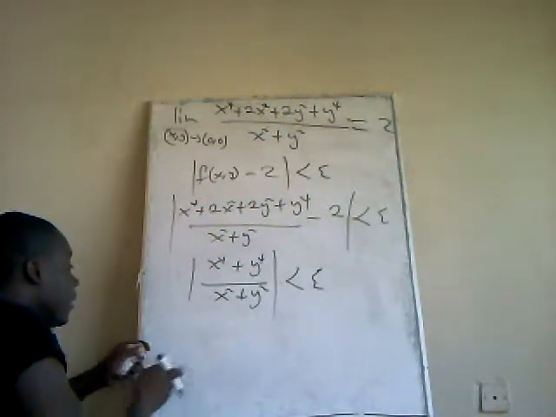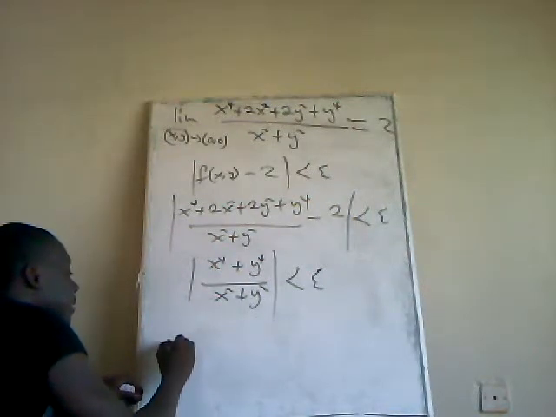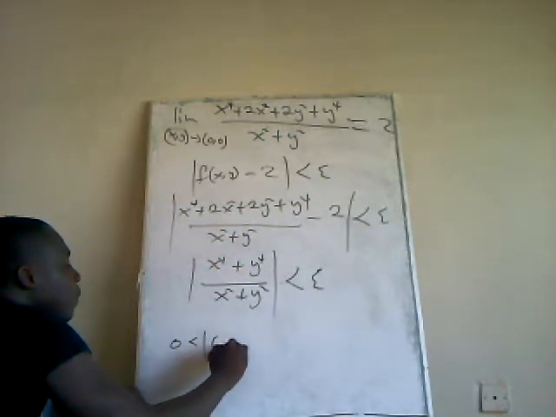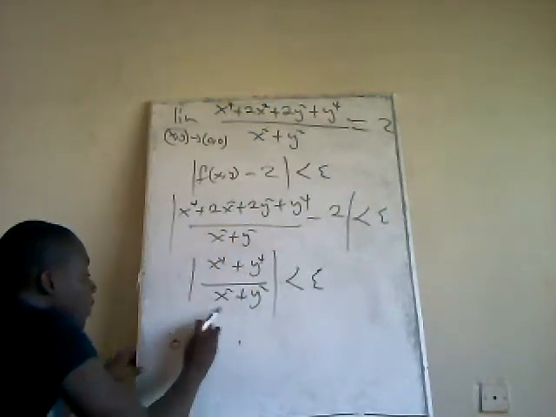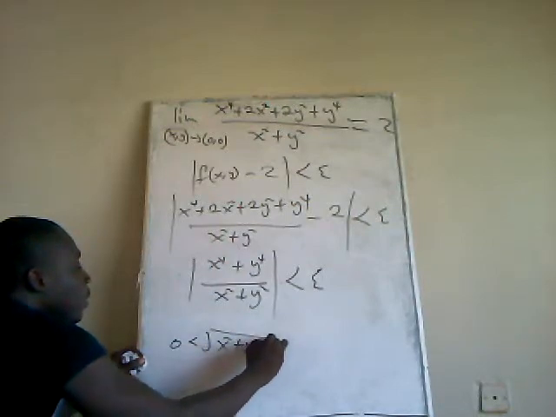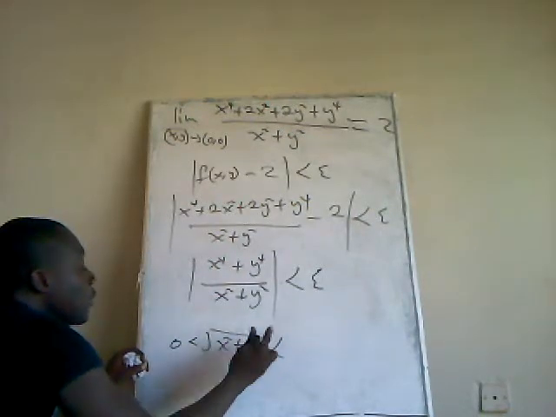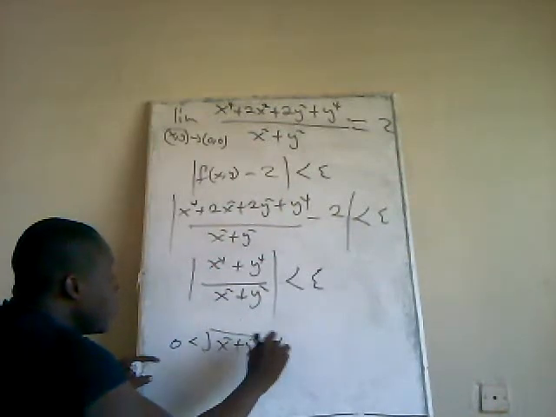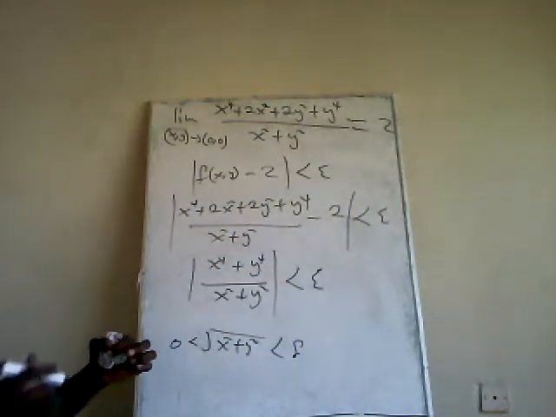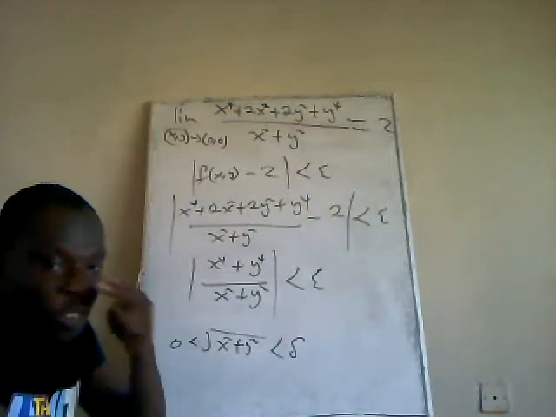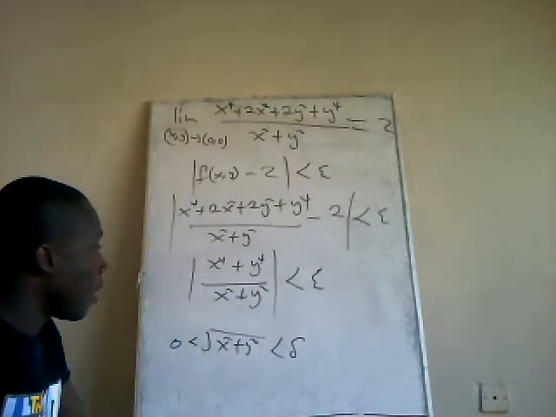Remember, we claimed that the distance between our point (x, y) and (0, 0), which is the square root of x^2 plus y^2, should be between 0 and delta, and it's always positive, right? Okay, so all right, let me stop here.